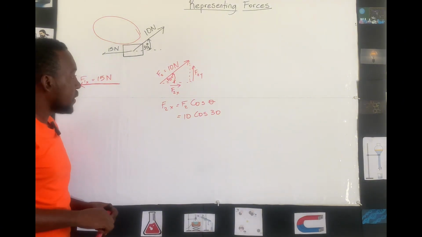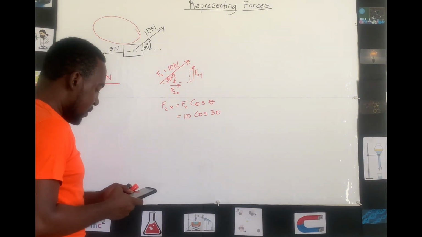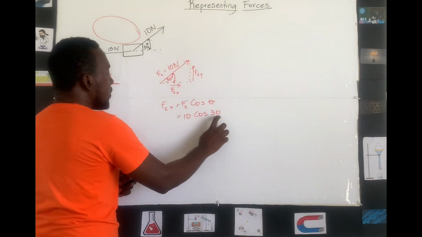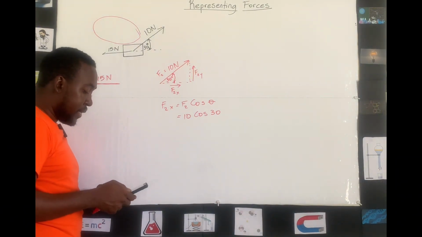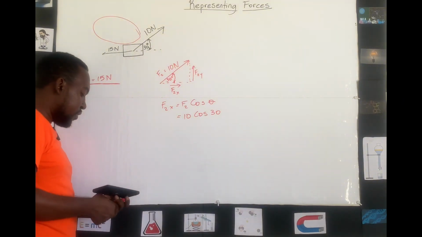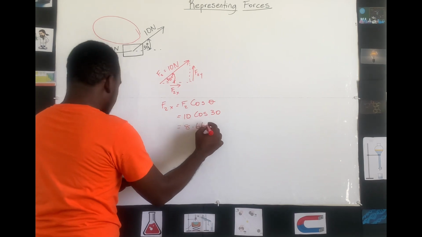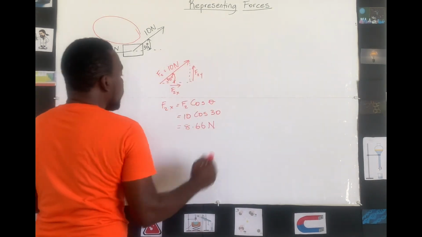Taking up my calculator, please ensure that your calculator is in degrees mode. If it's in radians, it will give you an incorrect answer. But in degrees mode, this gives us 8.66 newtons.